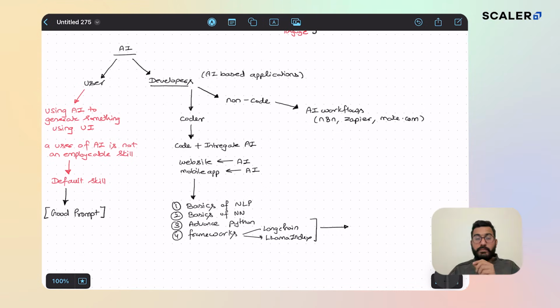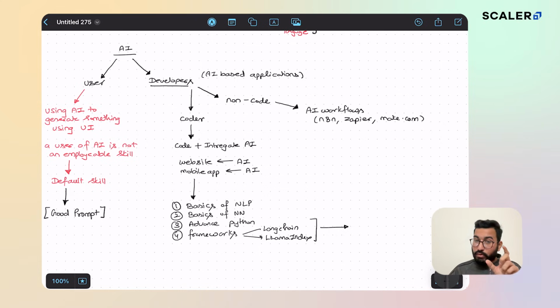All these platforms are available to you to create AI workflows without coding anything. But again, this also requires a good understanding about how various tools work. And when I say tool, I'm not talking about AI tools, I'm talking about web tools, APIs, LLMs. This understanding is still required.